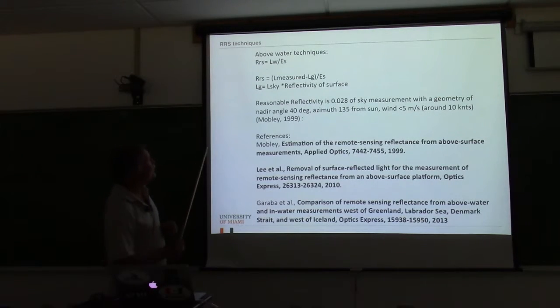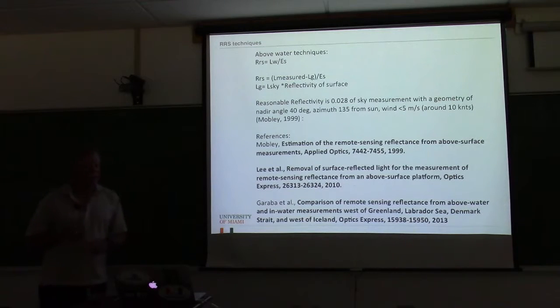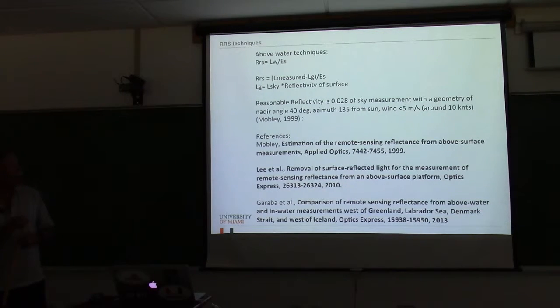The above-water techniques, I want to get this because we're going to do some of this in the lab. With the above-water technique, you measure the light coming up at you above the surface, the radiance, divided by the irradiance coming down.